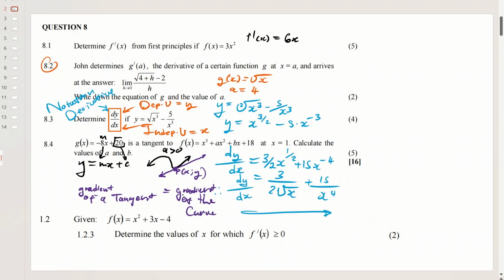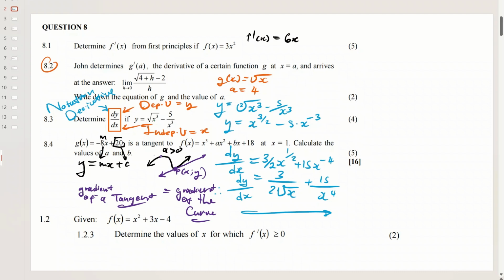The gradient of your tangent and the gradient of the curve are exactly the same, only at that point, guys. Please note this, only at that point. It means that if we have another tangent here, the gradient will not be the same, guys.